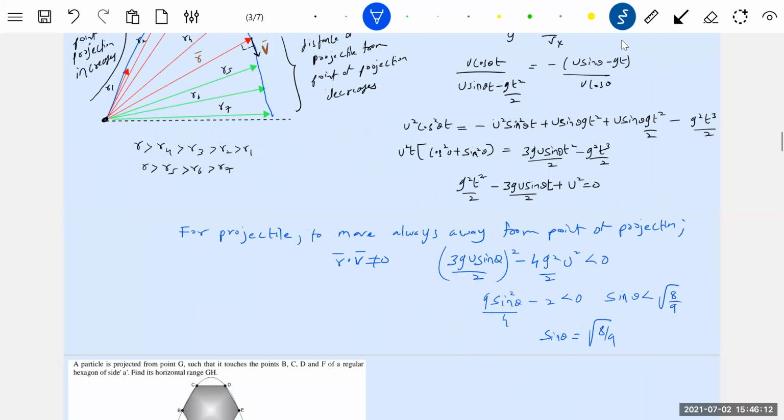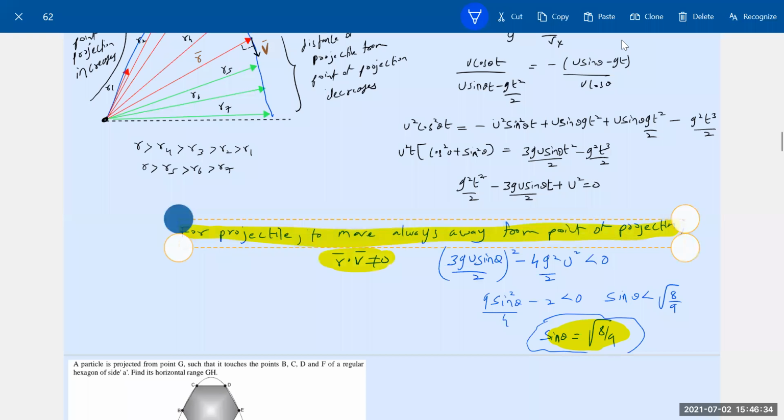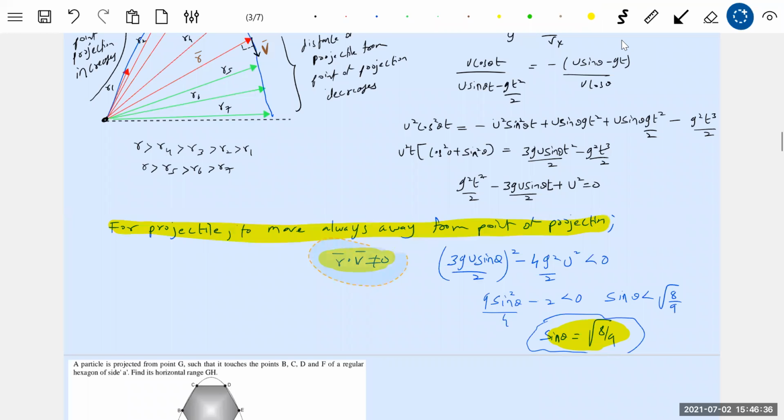So the person who is throwing the shells cannot throw at his own wish. You have to follow mathematics here. This condition is very important. I'll scroll up so that you can see completely.